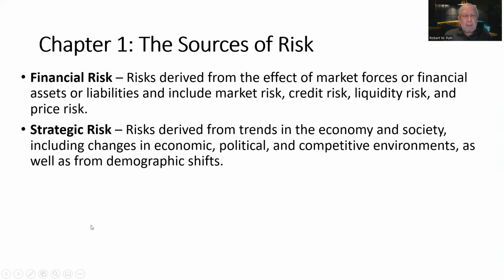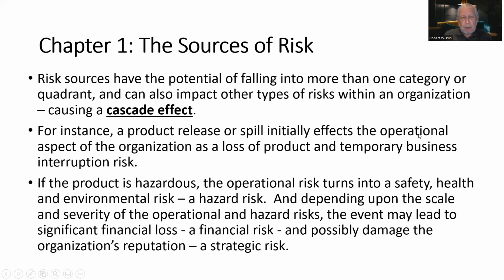Financial risk: risks derived from the effect of market forces or financial assets or liabilities, and include market risk, credit risk, liquidity risk, and price risk. Strategic risk: risks derived from trends in the economy and society, including change in economic, political, and competitive environments, as well as from demographic shifts. So that gives you an idea what these 4 risks are. There are pretty good explanations here.